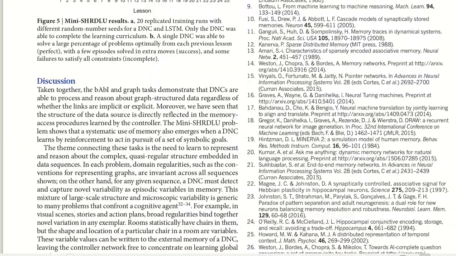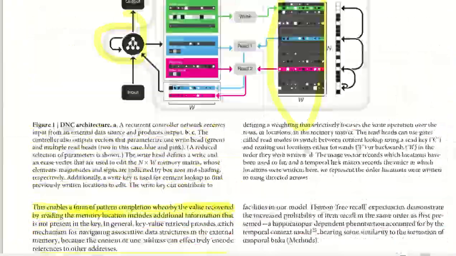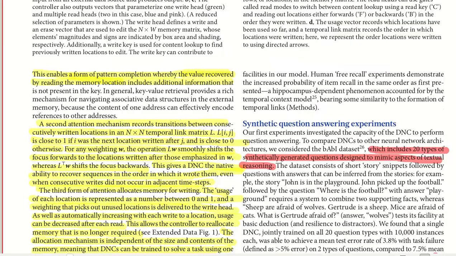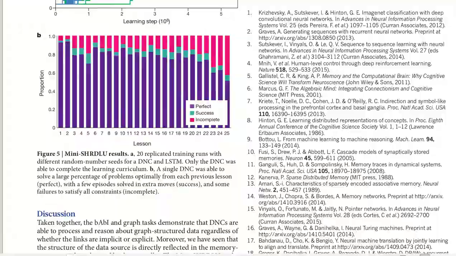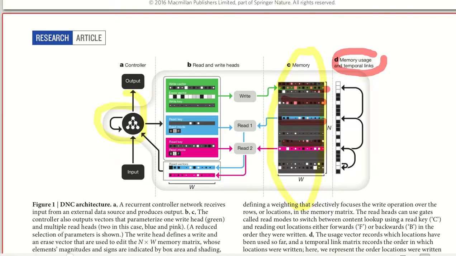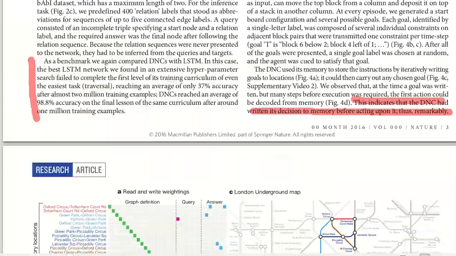If we look back at the picture, this will be a location, this one a location, this n different locations. The sum of all these different things corresponds to the read vector that you extract.